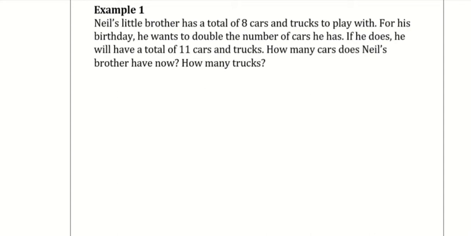So we have to first create our let statements. And in this example, we are not working with something that is a dependent and independent variable, so it doesn't matter what x is and what y is, and really you could even use different letters. You could use C for cars and T for trucks. I'm just going to continue to use x and y.